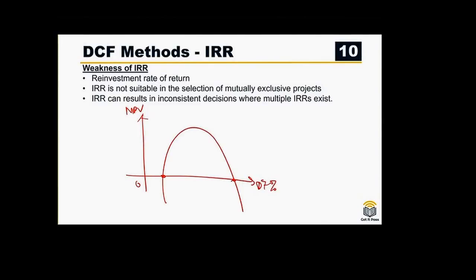The decisions are inconsistent based on which IRR you adopt. For example, here it is only 3%, and here maybe 16%. Maybe your cost of capital is 10%. So here reject, here accept. Inconsistent.